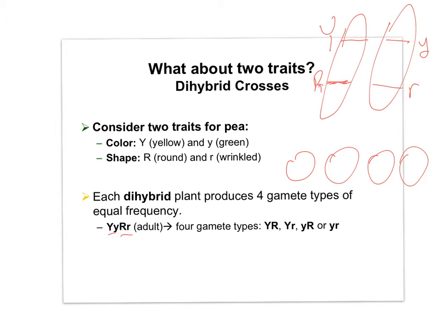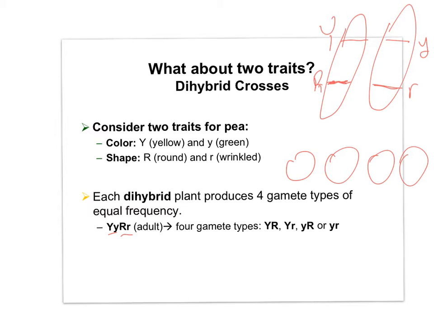So this gene in this particular chromosome codes for something. It's called R, in this case round or wrinkled, wrinkled being this version of the gene here, and round having this version of the gene here, both coding for shape. This is the gene for shape.